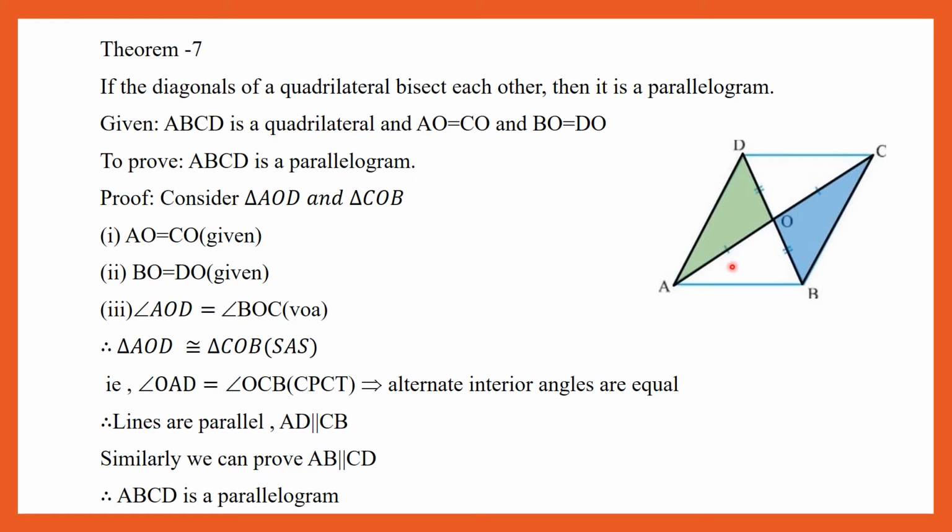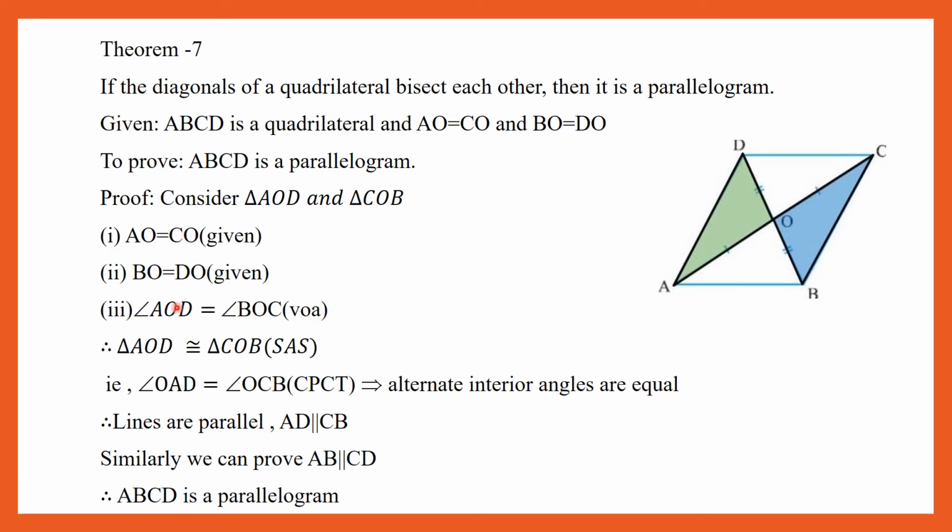For this, let us consider the two triangles AOD and COB. We have the conditions AO is equal to CO, which is given, and BO is equal to DO, which is also given. And the third condition, angle AOD is equal to angle BOC using vertically opposite angles.